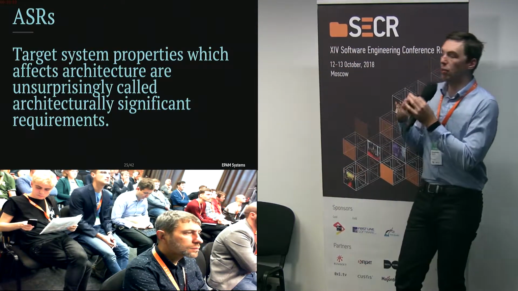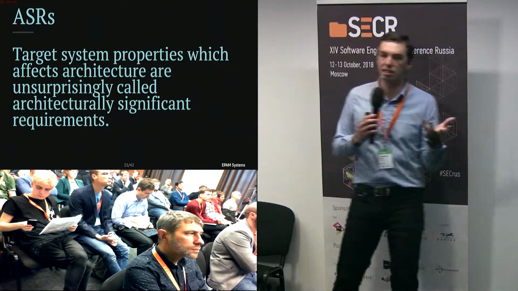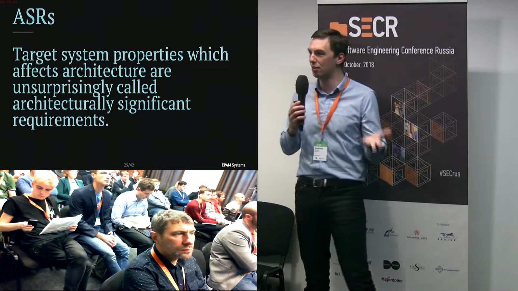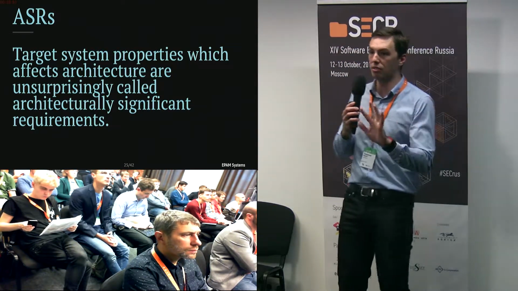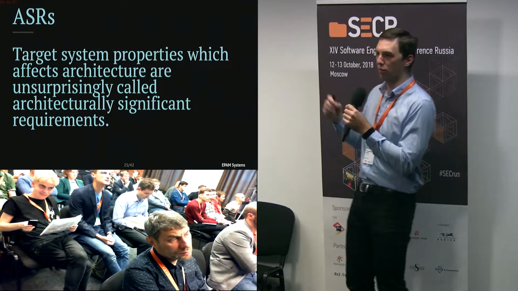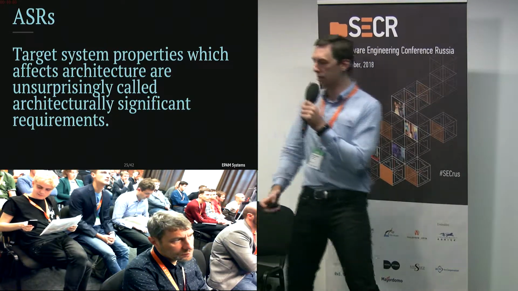Okay, so the target system properties that affect the architecture significantly are unsurprisingly called architecturally significant requirements, or ASRs. And when architects chit-chat during their coffee: did you gather all the ASRs? Okay, of course I did.